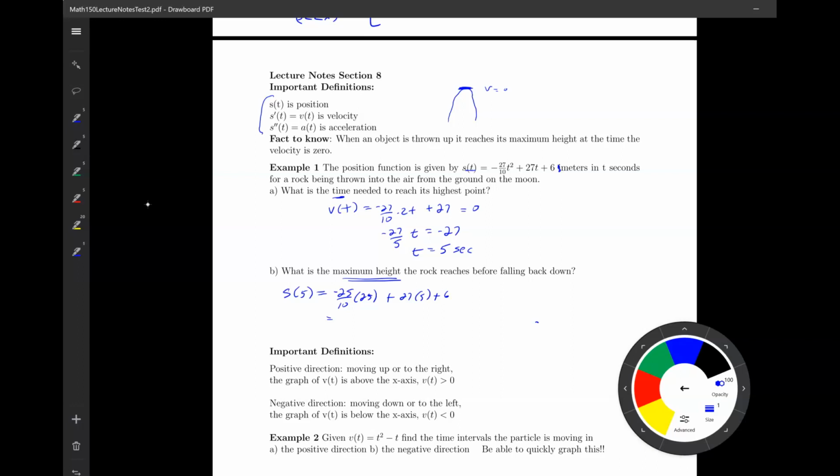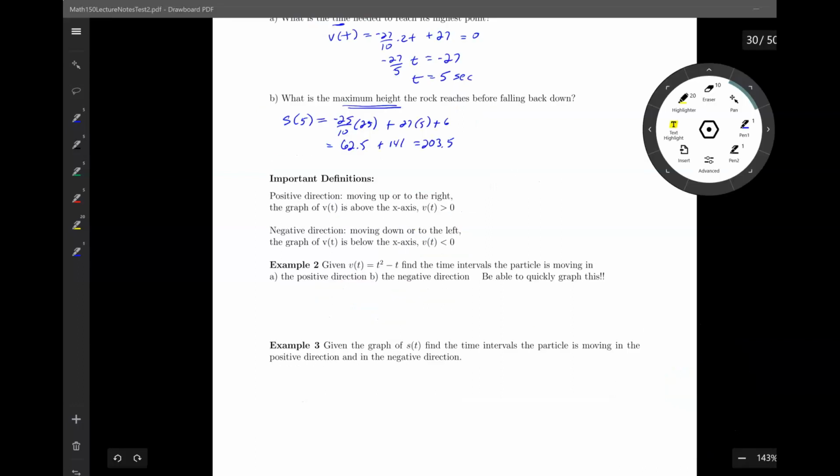So it gives me 62.5 plus 141. So 203.5 meters. So that's how high it is.